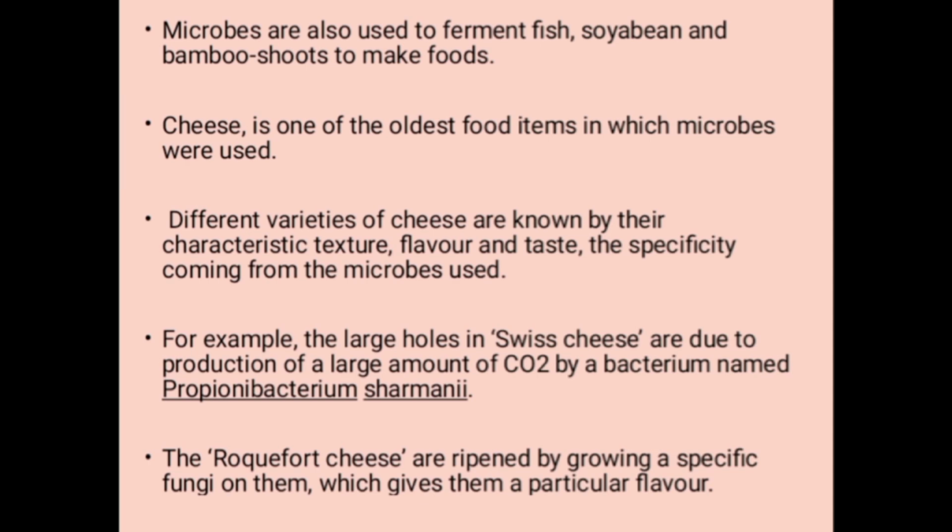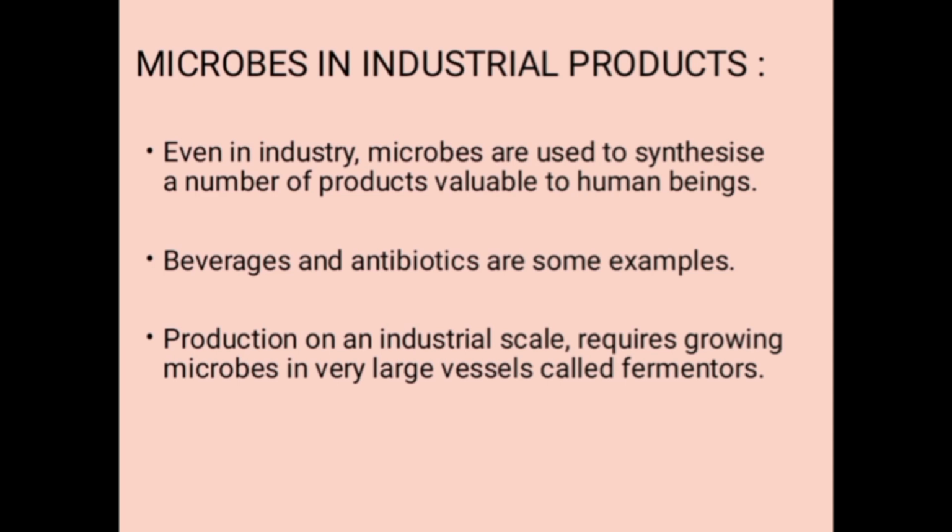Microbes are not only used in household products. They are even used to synthesize a number of industrial products which are useful to human beings, for example, beverages and antibiotics.